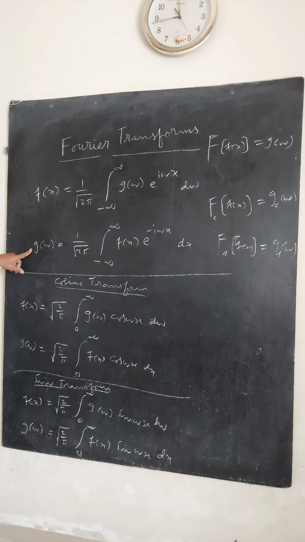Therefore here G omega is just the Fourier transform. Here G omega is the Fourier cosine transform. This G omega is the Fourier sine transform. From these three sets we can study the complete Fourier transform. Everywhere these three sets are being used.